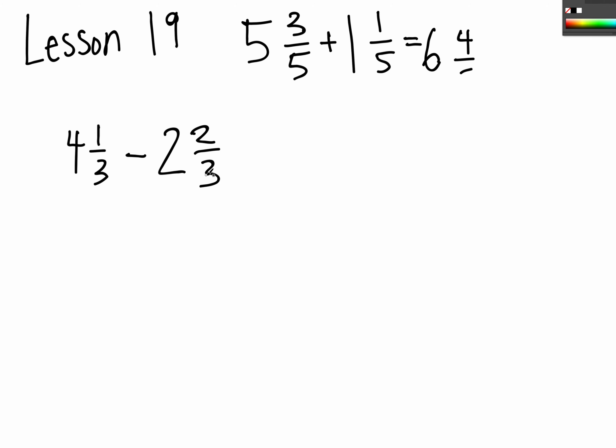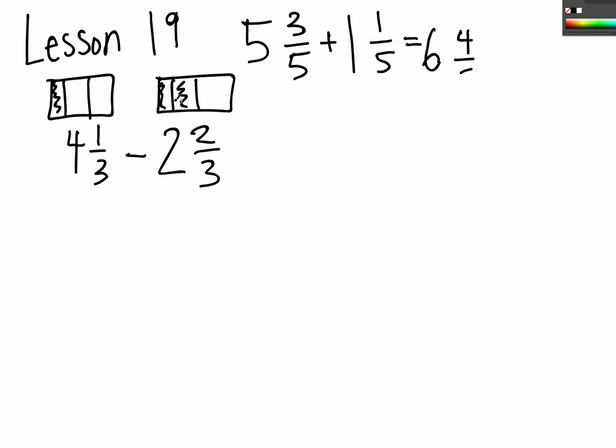Okay? So, because we realize that we can't subtract this 1/3, we can't say 1/3 and subtract 2/3 because 2/3 is obviously bigger than 1/3. So let's remember what our box looked like. This box is 2/3, right? And this represents 1/3.